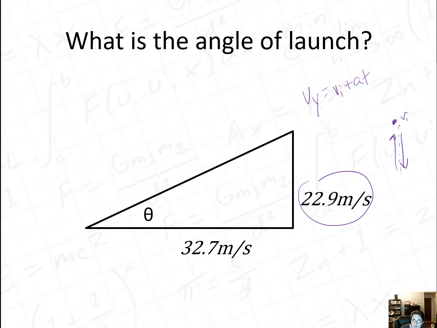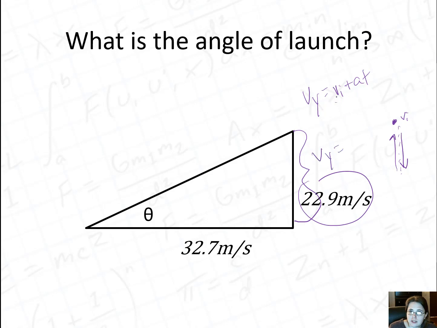So the final, this total velocity right here up at the top, is going to be the Vy. And we just want it to be the total velocity because we want the one that it would be right here at the top, because that's the vertical component.